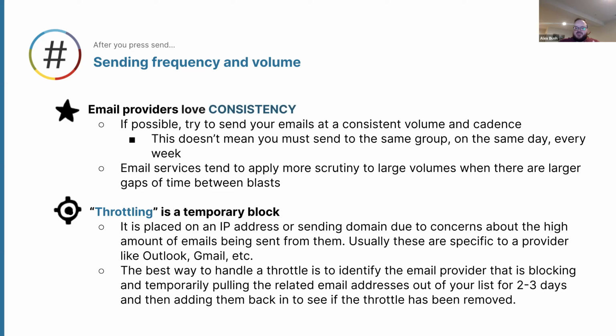I do want to emphasize that it sounds like I'm saying you need to send an email at the same time, the same day, the same week. That's not the case. But good engagement metrics can help balance that out.